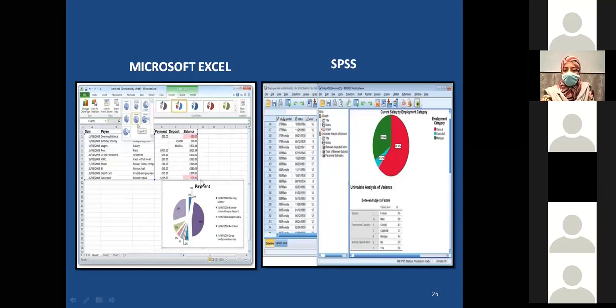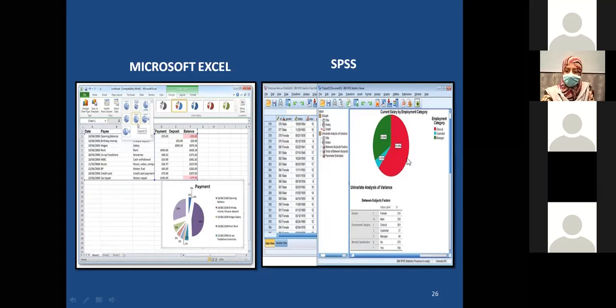And then you have data presentation on different software, for example, Microsoft Excel and SPSS. I've just given this example of a pie chart that can be shown on Excel when you present it, or on SPSS. You can have different types of graphs.